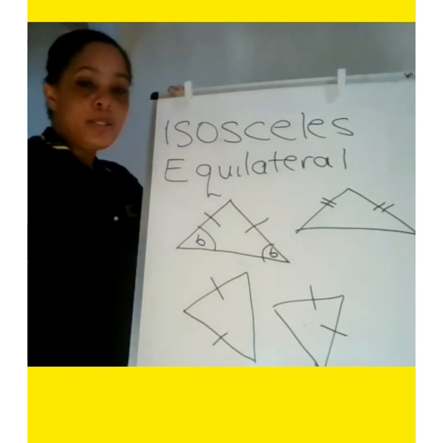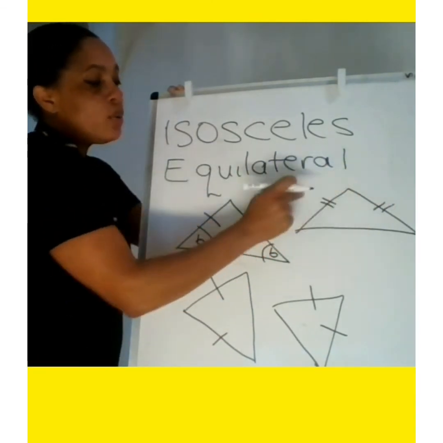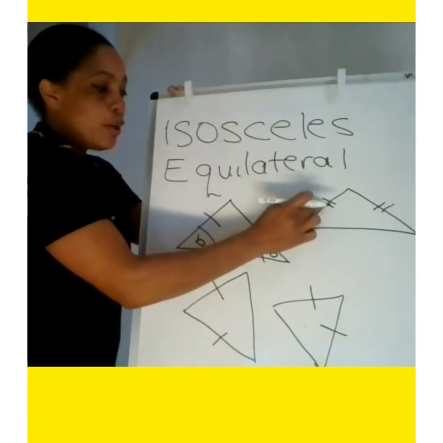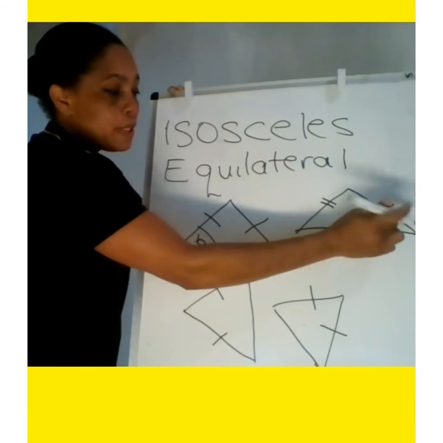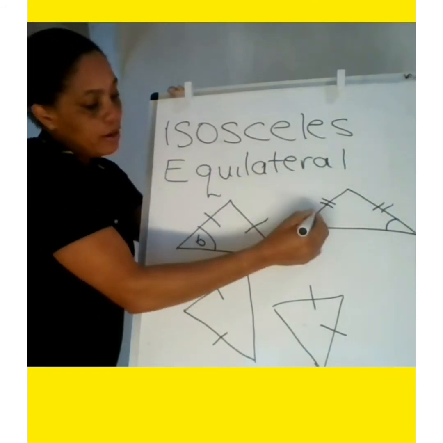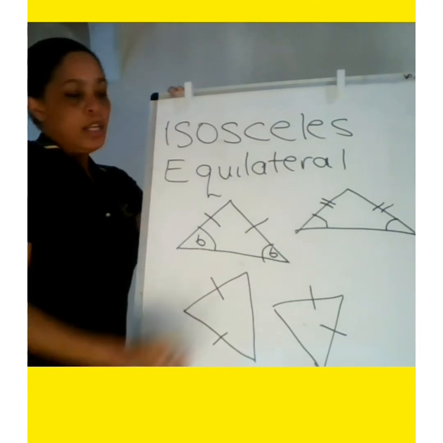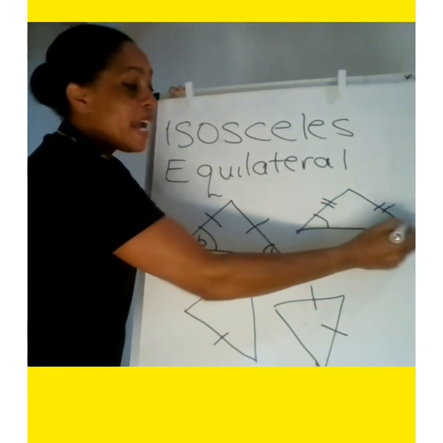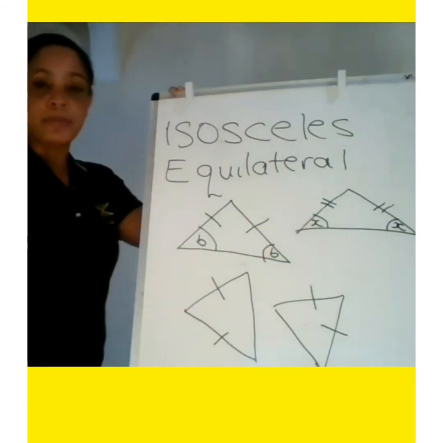If we look at this one, we know that these two sides are equal. But which two angles are equal? The one opposite the side that is equal. So opposite over there, that angle. This one opposite over here, that angle. So this angle and this angle, they are the same. So if I call that X, then this would be X as well.